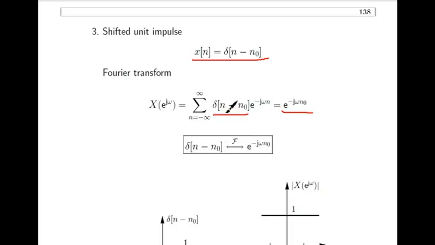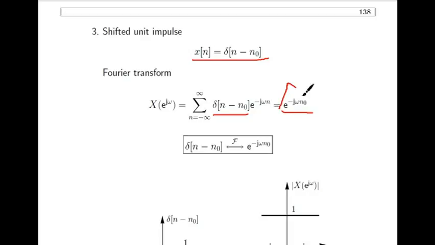The other method is that you replace n minus n naught with k. So it will be delta of k, and then e to the power minus j omega n, where n minus n naught is k, so n will be equal to k plus n naught, with the minus outside. So you can take out the term e to the power minus j omega n naught, which is a constant term, and now you can replace k with n, so you get the term of the unit impulse, whose Fourier transform is 1.